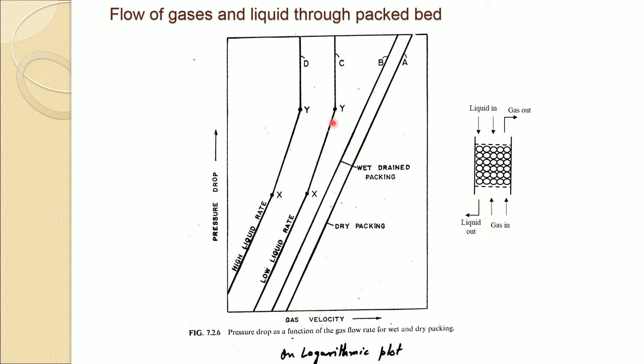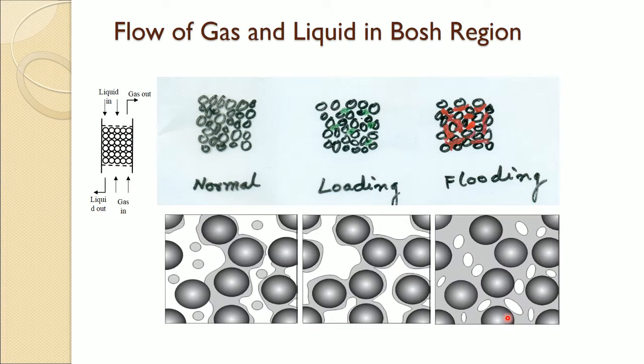If you keep on increasing the gas velocity, the liquid has occupied all the voids, then gas has to travel through this liquid as bubbles, which is the situation we described in this figure schematically, where gas is coming out as a bubble through the liquid in the packed bed, and that is the flooding situation.